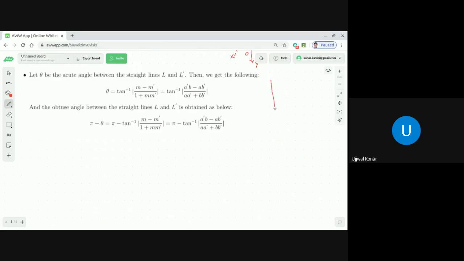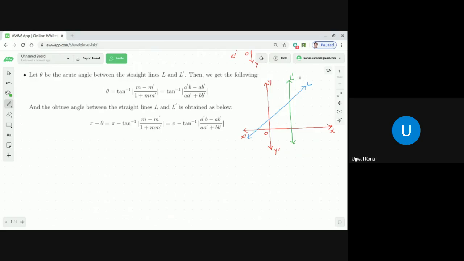So for example, suppose this is the x-axis, this is the y-axis, and the two straight lines, as we are drawing, the first straight line in blue color, that we define as the straight line L, and another straight line we are drawing in green color is something like this. Suppose this is L dash.